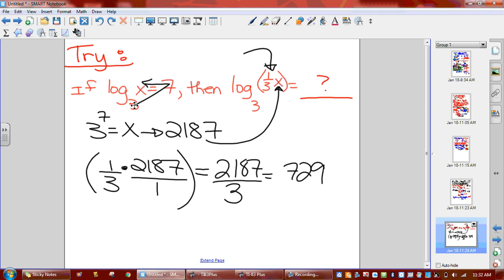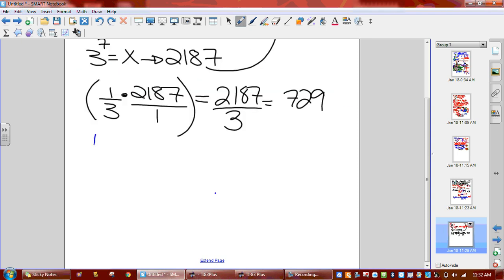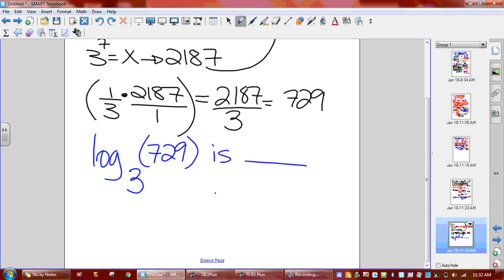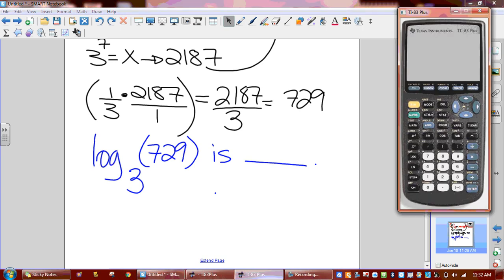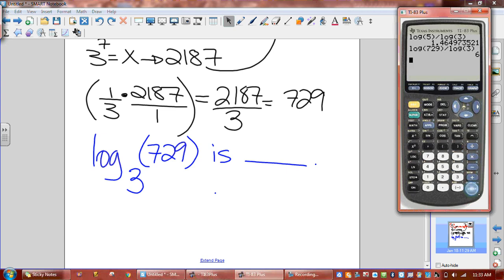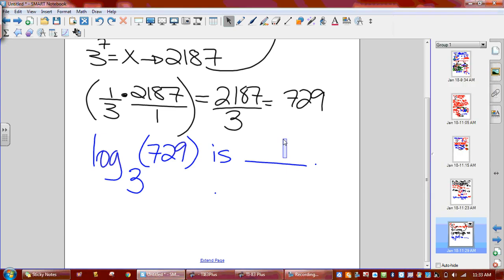So now our equation looks like this. Log base 3 of 729 is something. So now in our calculator, we're going to go log 729, close my bracket, divided by log 3, close my bracket. We're going to get 6.